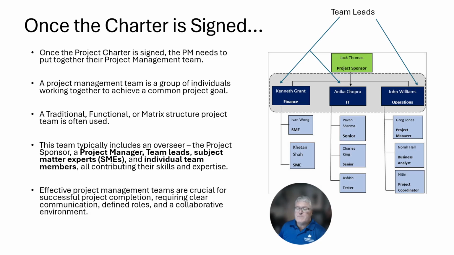The team typically consists of a project sponsor. That's somebody that's an overseer, typically from executive management. Then really you have the project manager, the team leads in the project management team, subject matter experts, and then other individual team members. And they're all contributing their skills, their knowledge, and their capabilities.